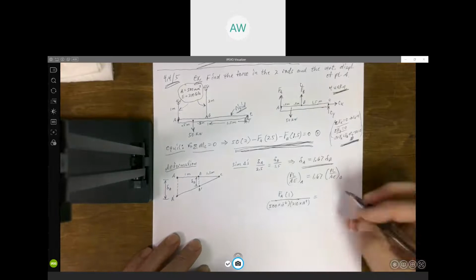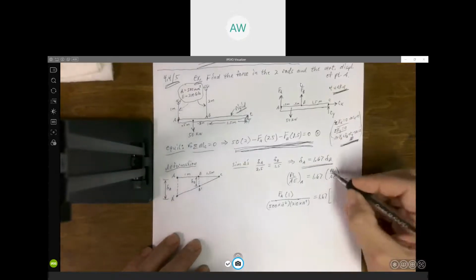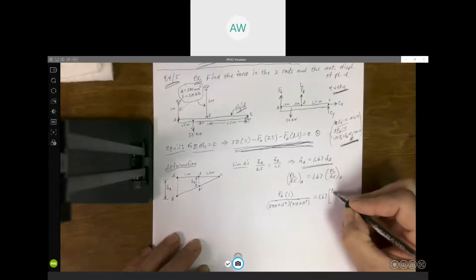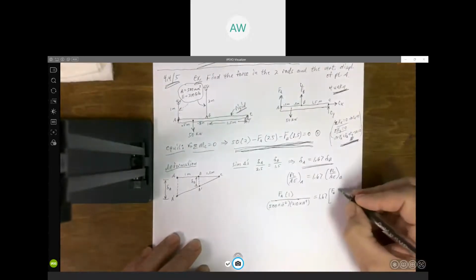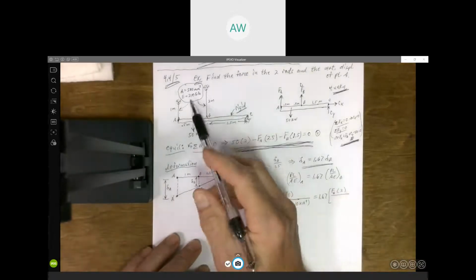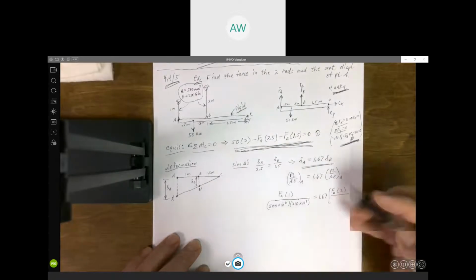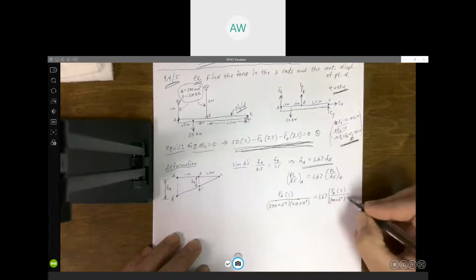Do the same thing on the right side. We've got 1.67 times the force, we'll call it FB. The length is 2 meters. And the area and the modulus of elasticity, again, is the same as it was for that rod. 500 times 10 to the negative 6. 210 times 10 to the 9th.